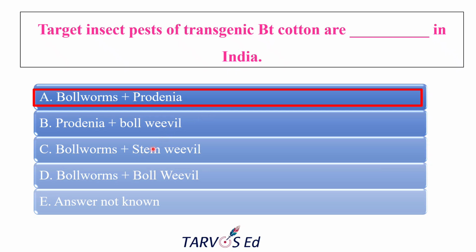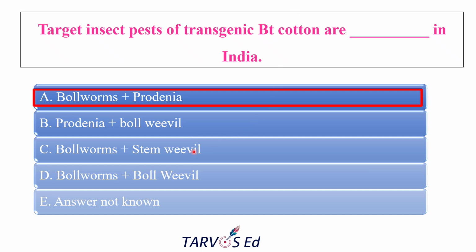And for bollworms plus stem weevil, again, Pempherulus affinis is a coleopteran pest of cotton in India, so it is not controlled by Bt cotton. The bollworms plus boll weevil option also has the same reason as above. So Bt cotton means Lepidopteran control only, mainly. If the particular gene Cry3 is there, it may be effective against coleoptera.